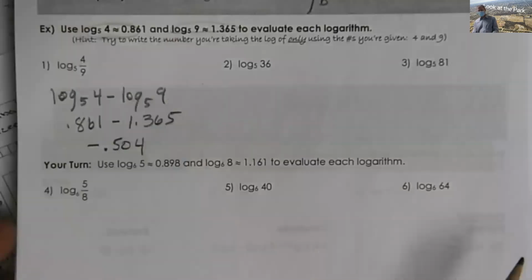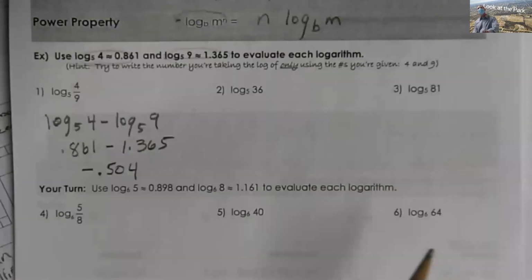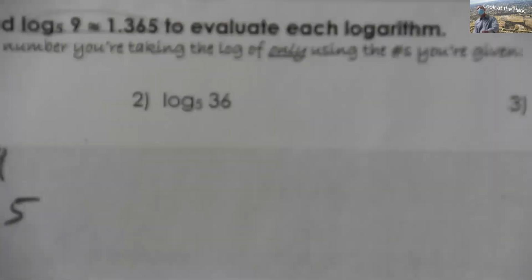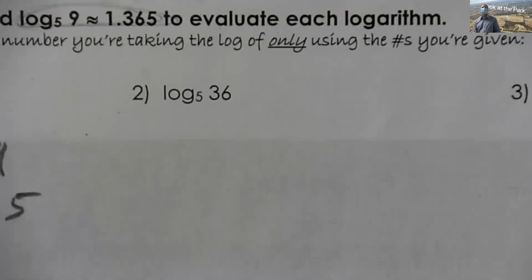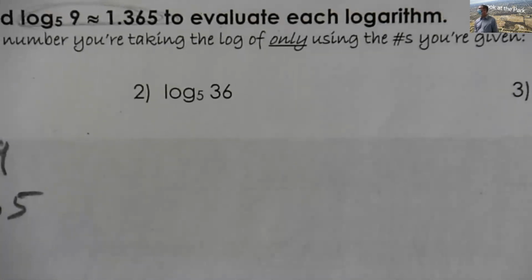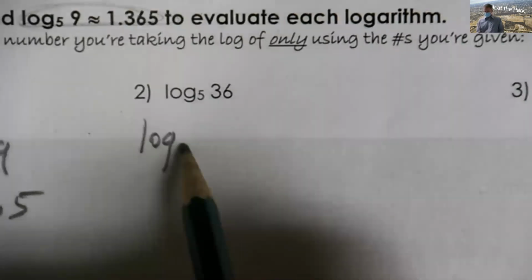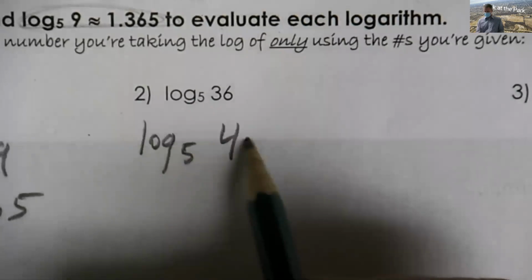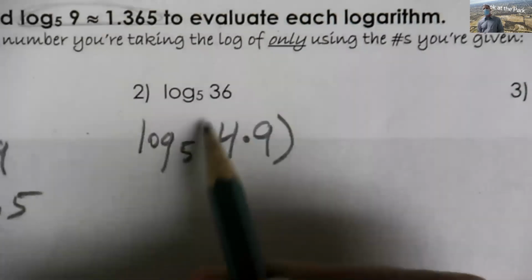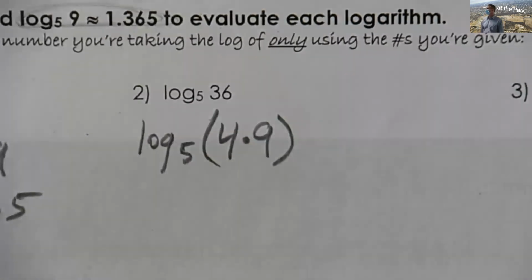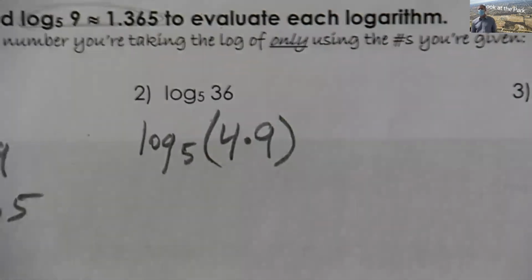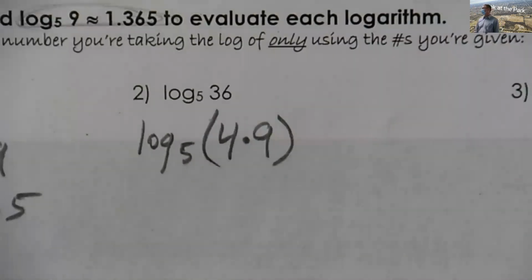Now we look at the second one, and it is a 36. Well, that's not 4, that's not 9. But isn't 36 4 times 9? There's many different ways to get 36: 18 times 2, 72 divided by 2, 6 times 6.